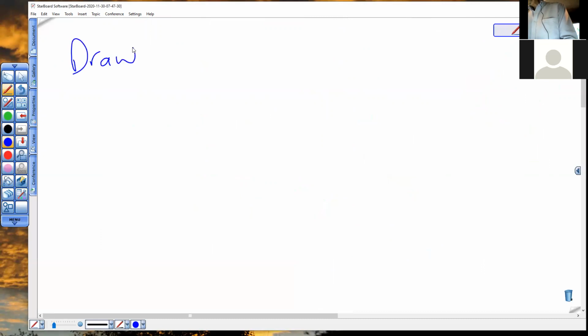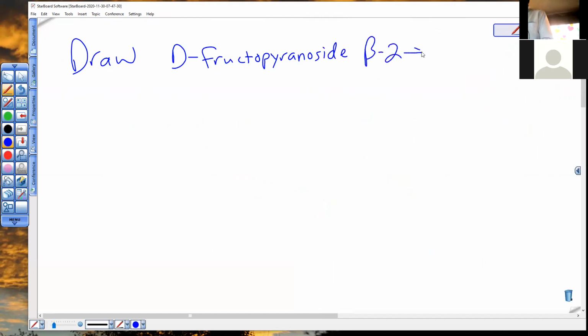Draw D-fructopyranoside, beta 2 to 1, with 2 amino... yeah, beta 2 to... just spotted something.